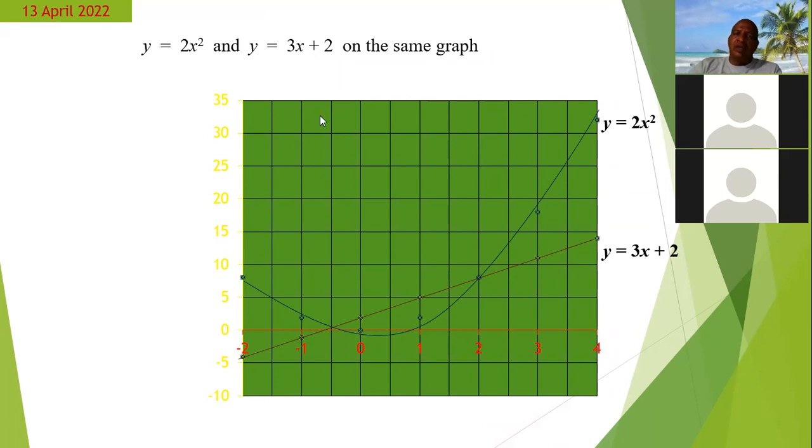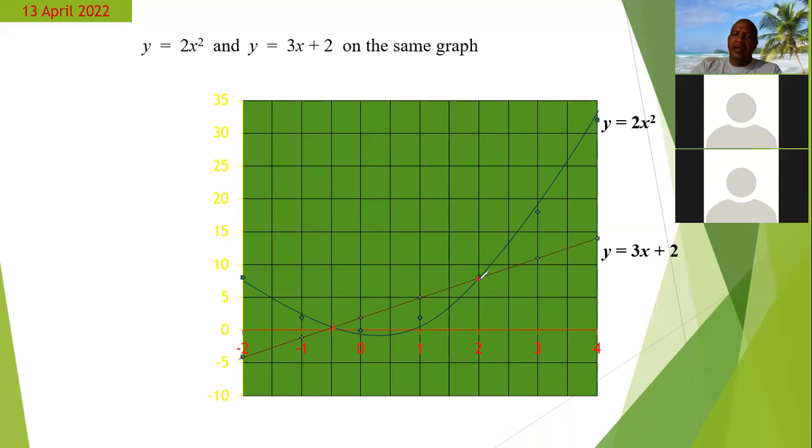All we need to do is to look at the x values at the point where the curve and the line intersect. So the curve and the line intersect at this point, and it also intersects at this point.